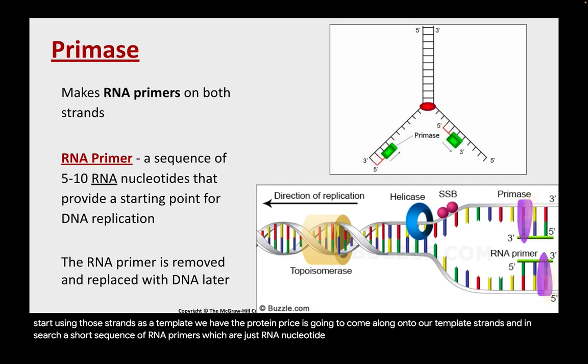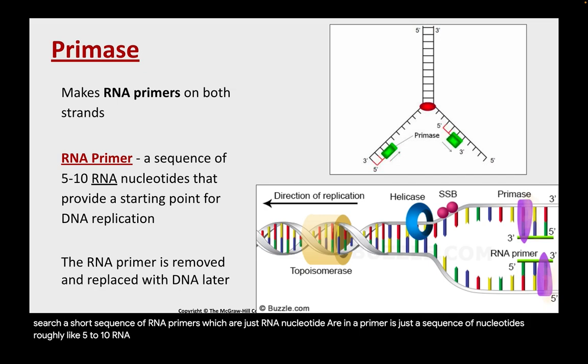So an RNA primer is roughly 5 to 10 RNA nucleotides that is initially put onto the template strand by the protein primase.